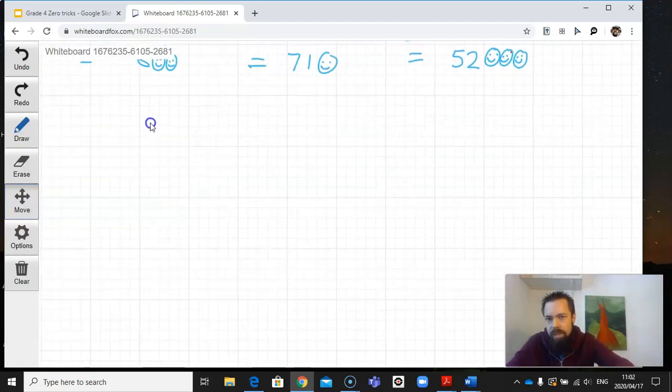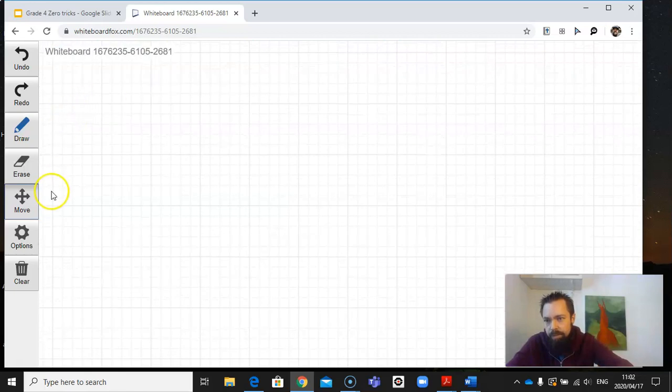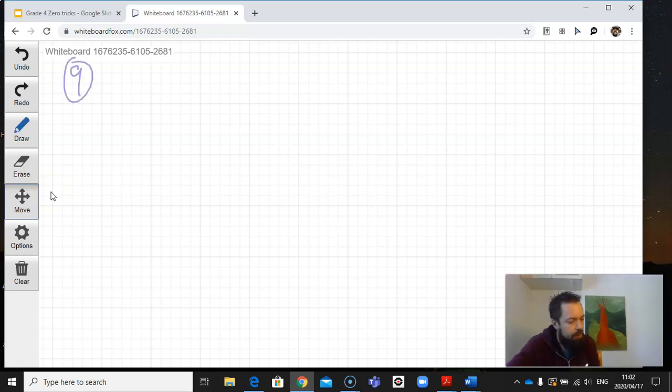This rule can be taken a little bit further. Let's change color. What if we have this one? What would we do with that one?